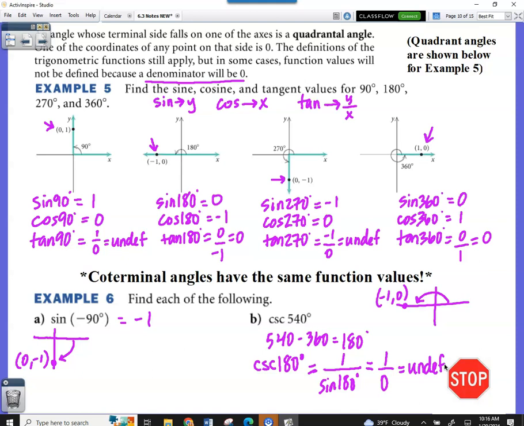You'd have to type 1 over sine 180, and then you would get an error, and that would tell you it's undefined. If you go back and type sine negative 90, your graphing calculator should tell you negative 1. It shouldn't give you an error on that. So don't forget that safety net: you can type it in.